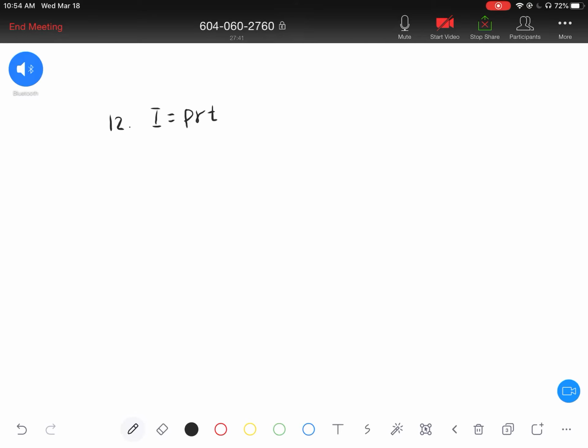So which one do you not understand? I want to leave t by itself. So what should I divide both sides by? PR. That's it.